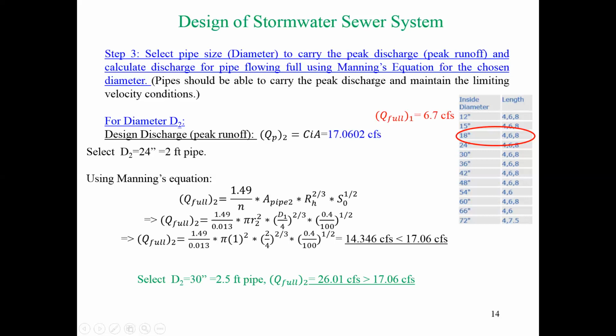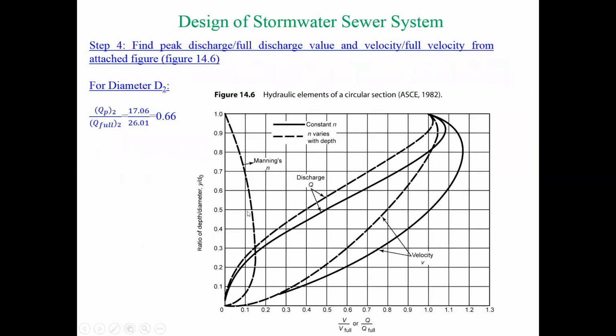Now we have to check whether it can maintain the limiting velocity condition or not. So you know what we have to do. We have to find the V over V full value for that QP over Q full. So this time QP over Q full is 0.66.